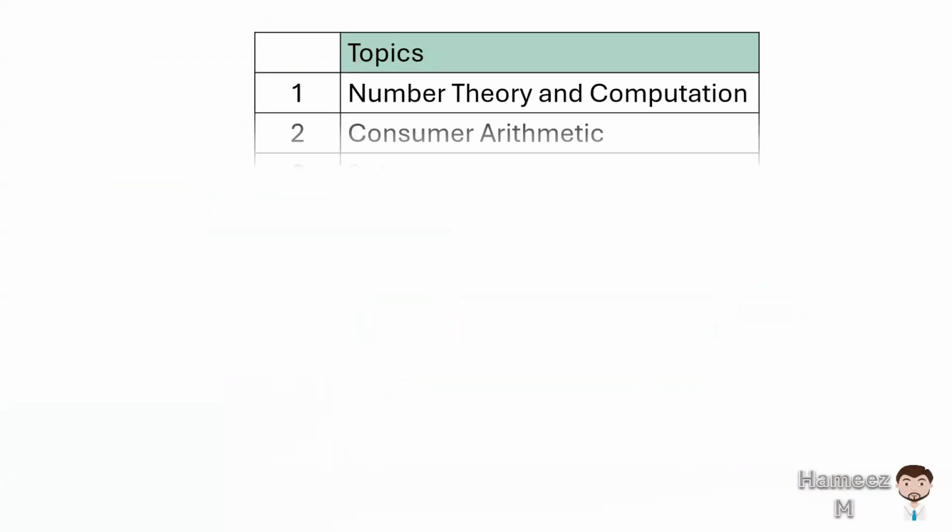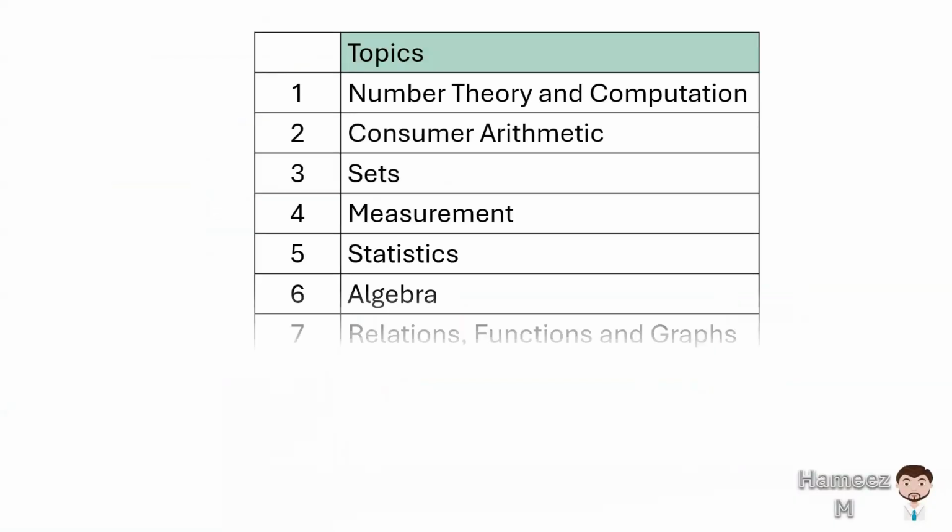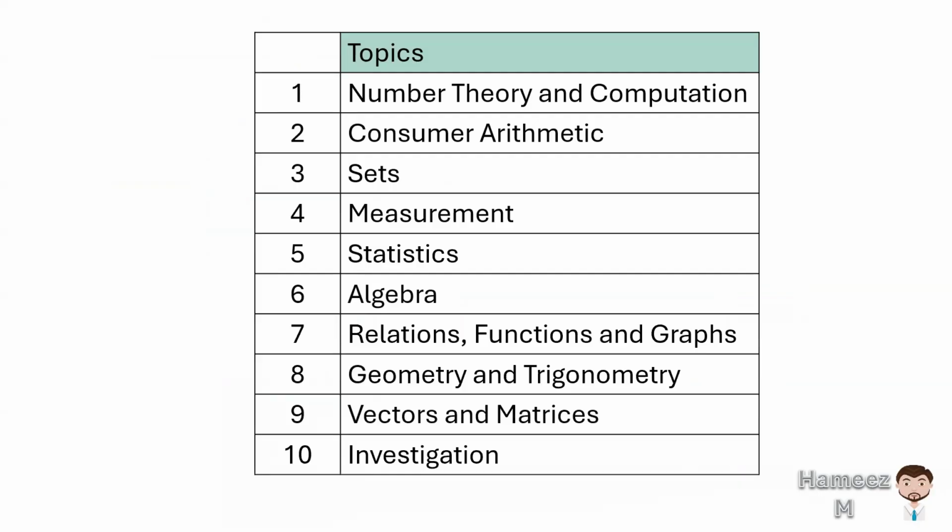Now, let's look at the topics in the CSEC syllabus, that we have 10 topics, and we're specifically honing in on the 9th topic. And vectors and matrices, because it's a modular paper, are tested in module 2, not in module 1. No questions in module 1 are coming on vectors and matrices.